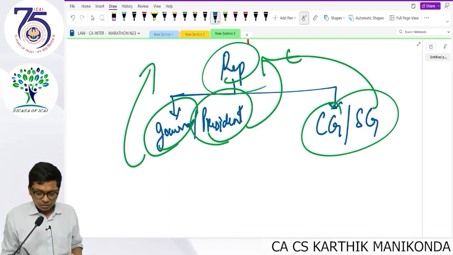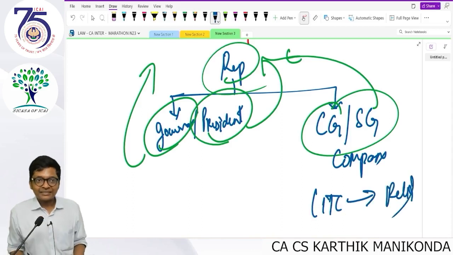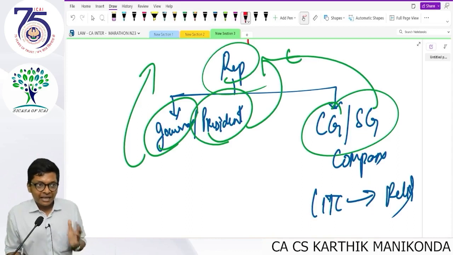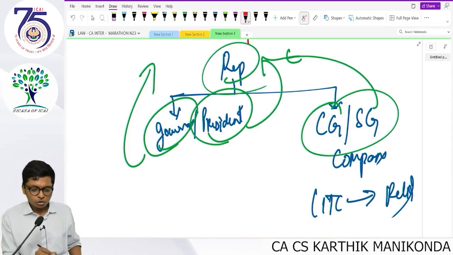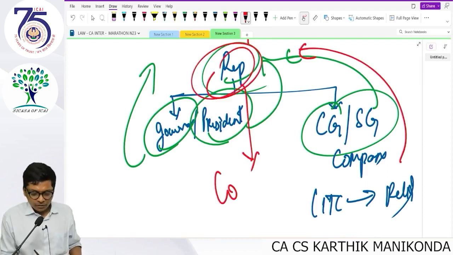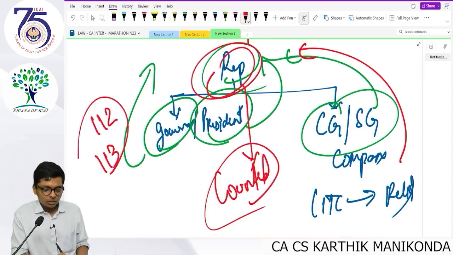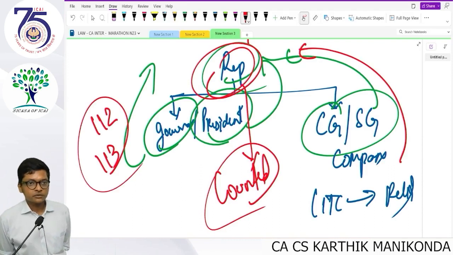Or even a company. ITC is the shareholder of Reliance. How can ITC come? It's an artificial person. So, if ITC is appointing a representative, all these people will be counted. This is section 112 and 113.